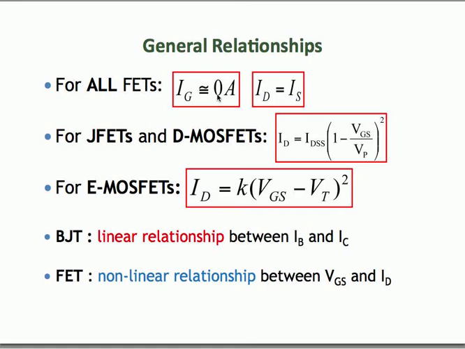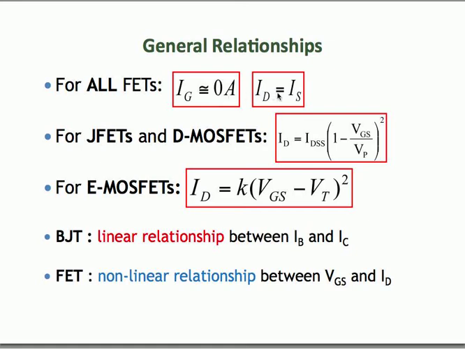So the gate current is negligibly small, and we can approximate it to be zero. This is also the reason why FETs, or field effect transistors, are voltage control devices.